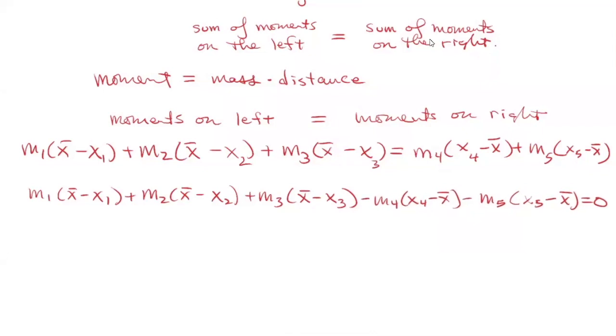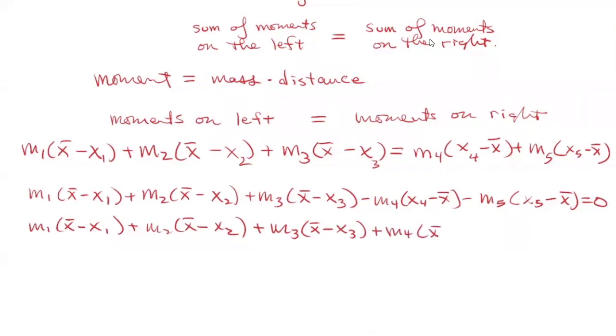Okay. And then what you do is just change the order of the subtractions. So one more time, last time. You have m1 times x bar minus x1, plus m2 times x bar minus x2, plus m3 times x bar minus x3, now plus m4 times x bar minus x4.